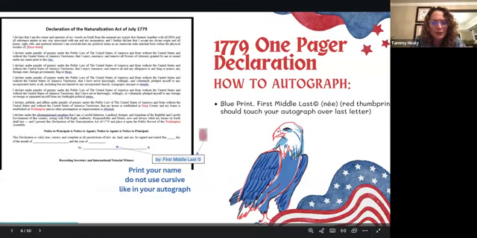And you're still going to put that thumbprint over the last letter of your last name and over the copyright symbol. You do this with blue ink, by the way. The reason they say blue ink is because you're coming out of the sea. And the red thumbprint is basically the land jurisdiction and, you know, your blood, right?